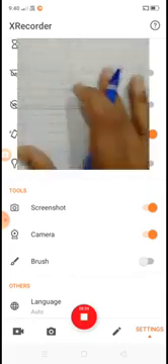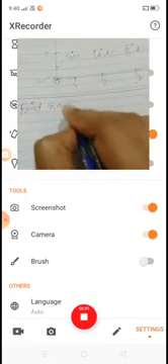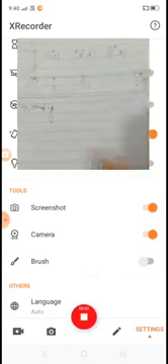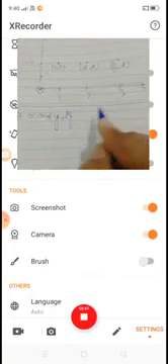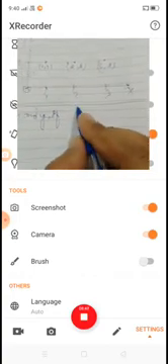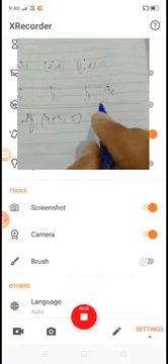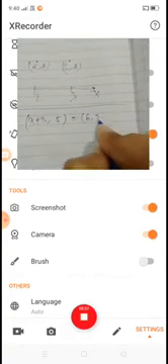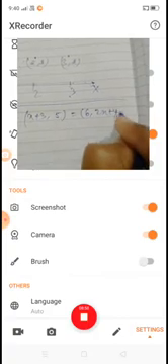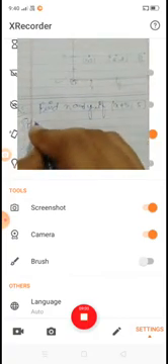Take some questions. Let's find x and y. Find x and y if (x plus 3, 5) is equal to (6, 2x plus y). Now solve it.